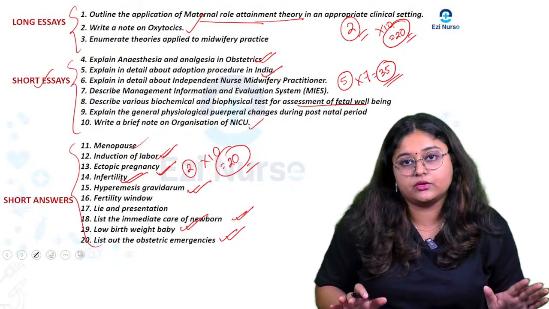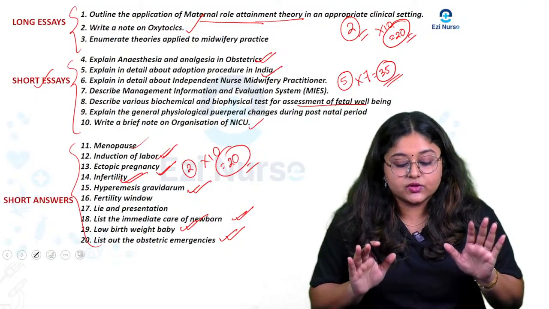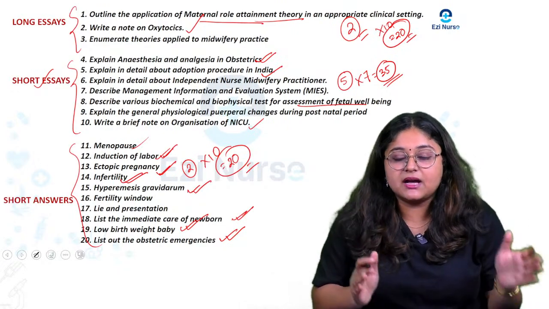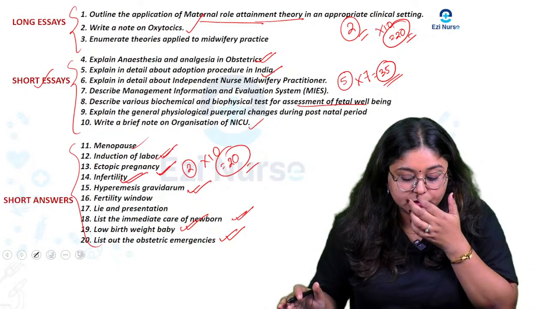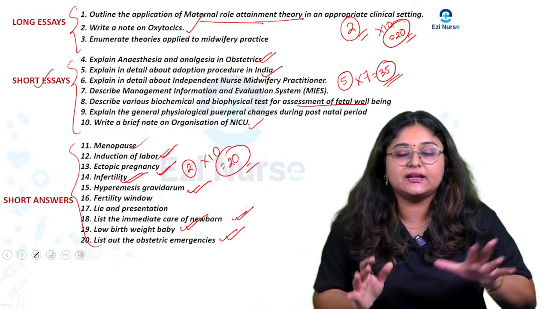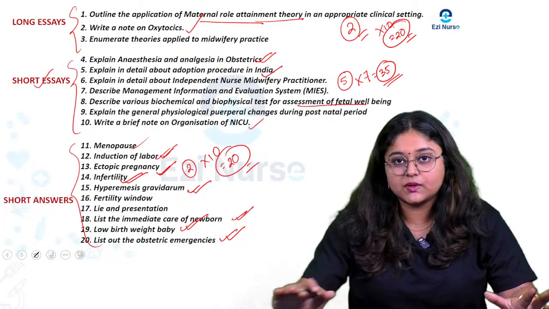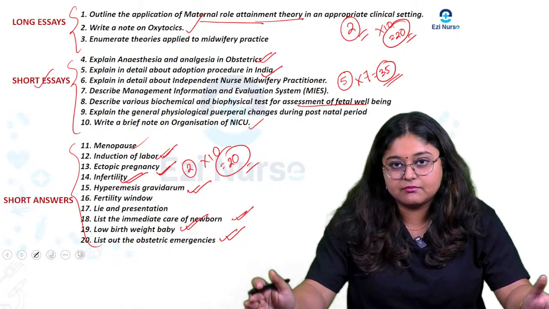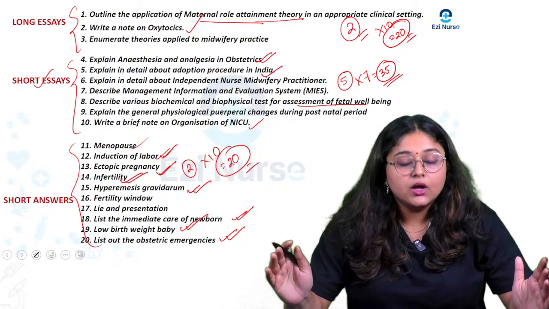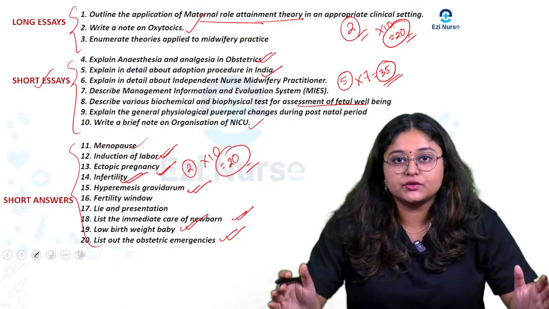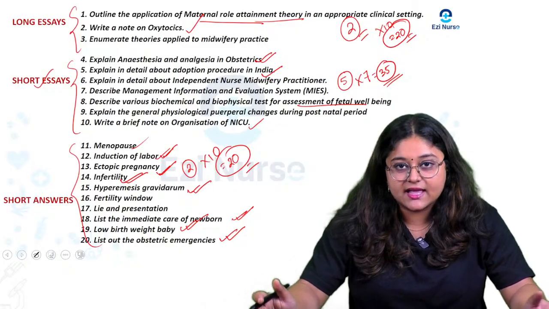These are the questions you have to read for the 10 marks as well as the 5 marks also. Don't depend on the idea that it will come only for 2 marks. It is important for 2 marks, but it is also most important for 10 marks plus 5 marks. Now focus on the questions and let's discuss the answers one by one.